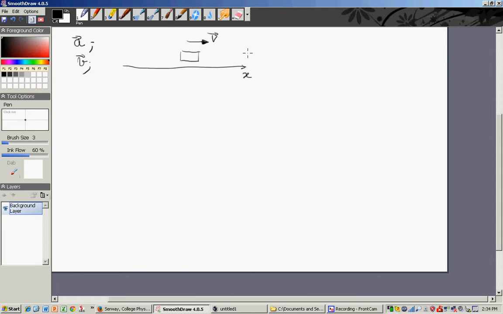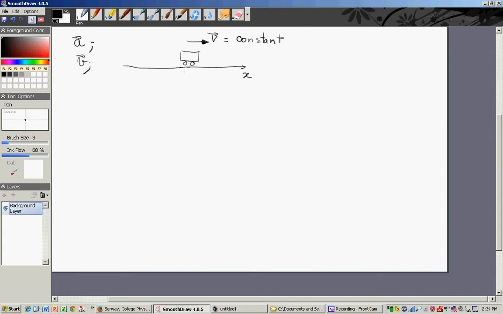Okay, and at this time, just for assumption, let's pretend it's moving to the right with a velocity that is constant. So how can we visualize this? Imagine, for instance, a car that is moving at 65 miles per hour.